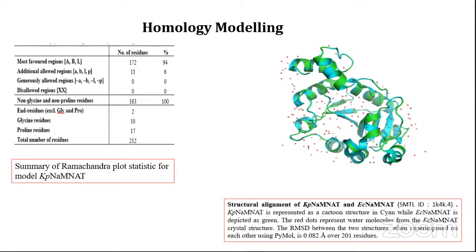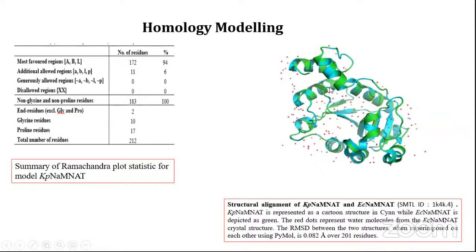A Ramachandran plot statistic was carried out, and we could see from the statistic summary that about 94% of the residues are in the most favored region, while zero residues are in the disallowed region, which shows that the model we have is a good one and can be used.